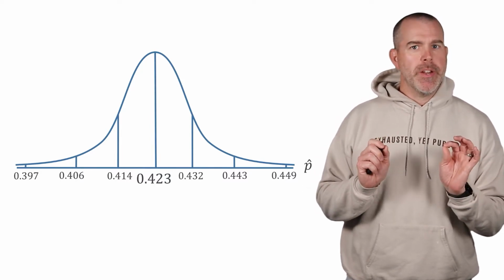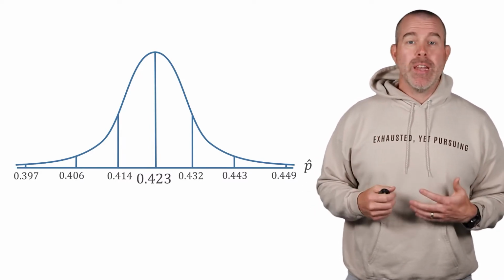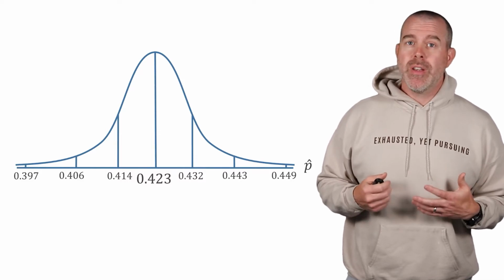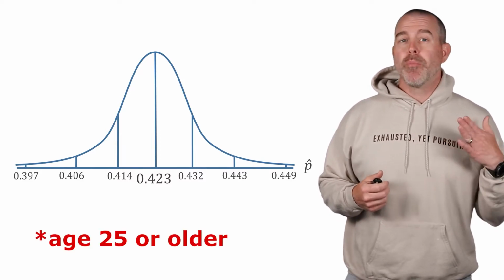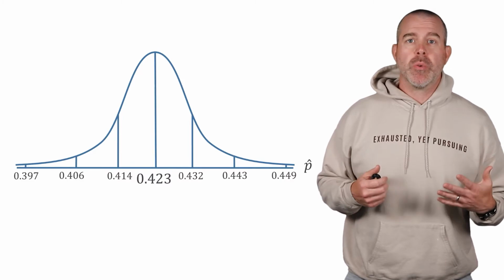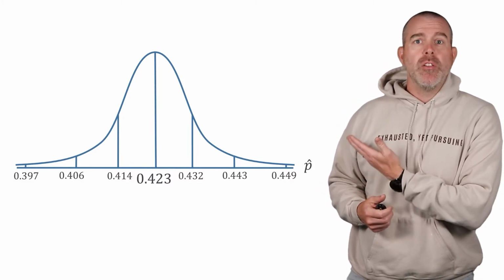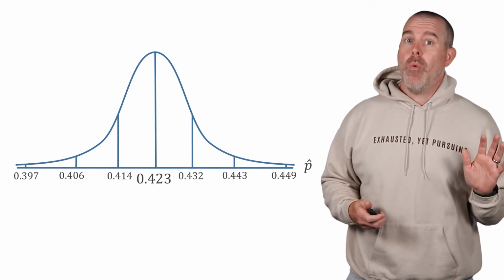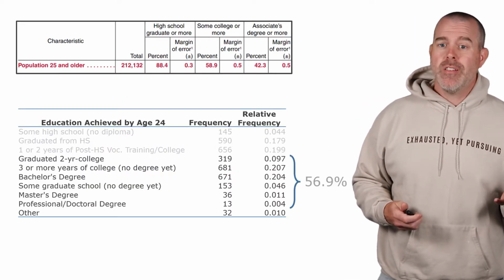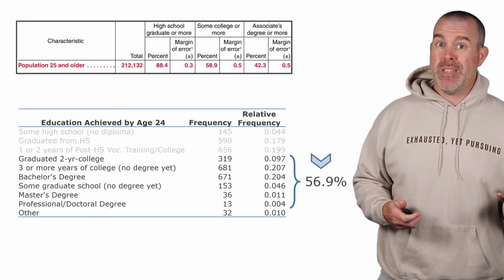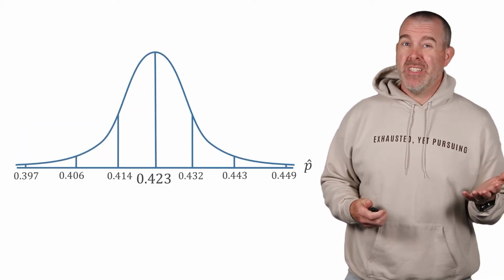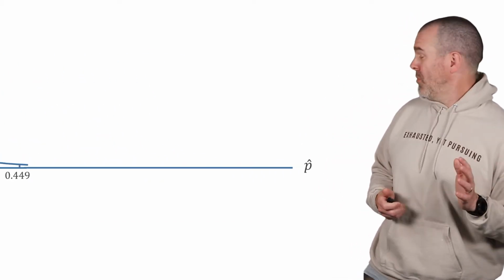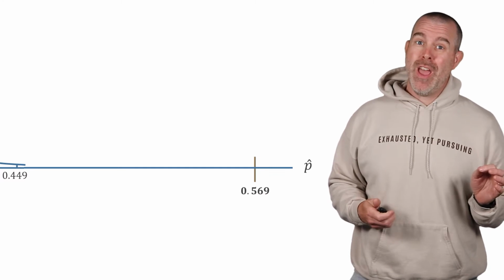What this is, to be clear here, is if we take a random sample of 3,296 individuals, the proportion who have an associate's degree or higher should follow this distribution shape. Okay, well, where is ours? Ours is 56.9%, which on the distribution is way over here.